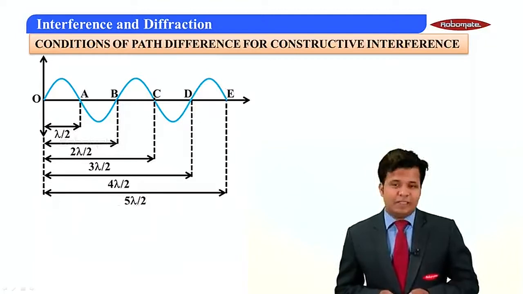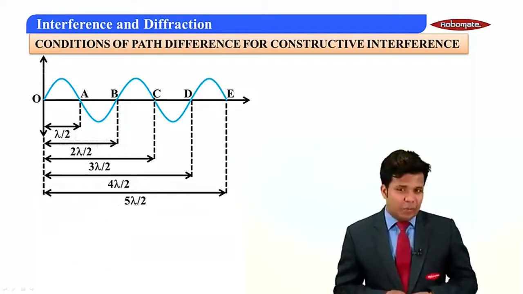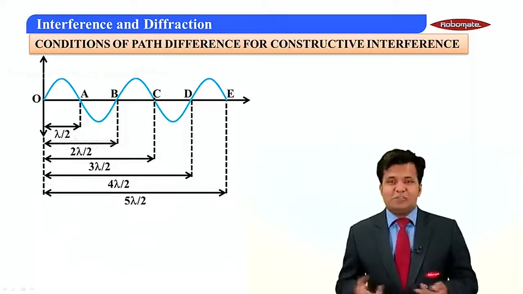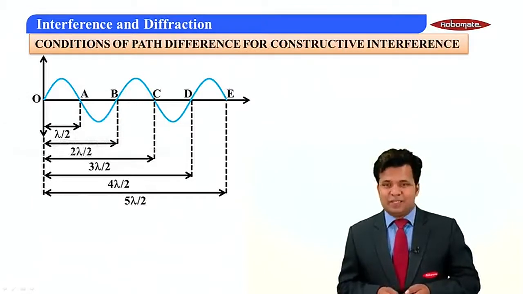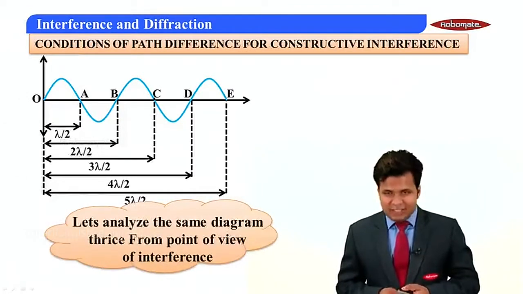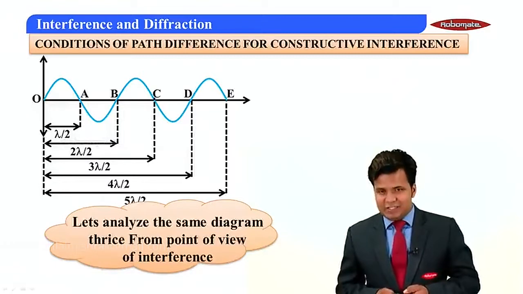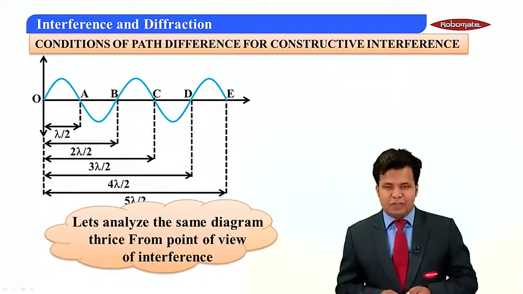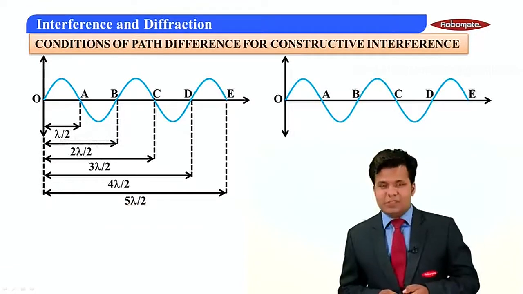Now what would happen if there is another wave which is going to come and superimpose on these points? In order to analyze it, let us consider two more diagrams for better understanding. So these are those two diagrams.